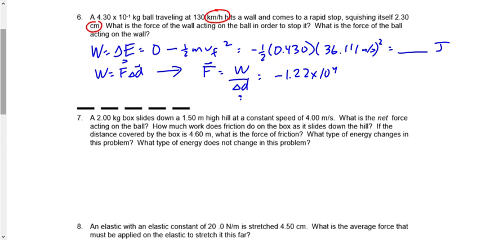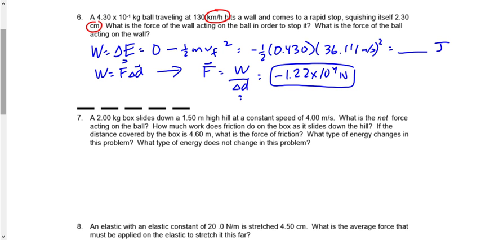It's not always the case. If I throw this pen across the room, then the displacement is delta D, not X. But if the ball is moving towards something, towards a wall, and squishes, it continues to move as it squishes. So if it squishes 2.3 centimeters, then it must move 2.3 centimeters in that time as well. So yeah, it could be X, but it could be displacement delta D as well.